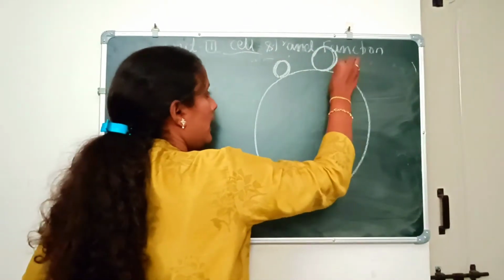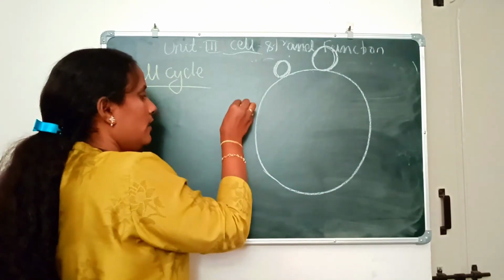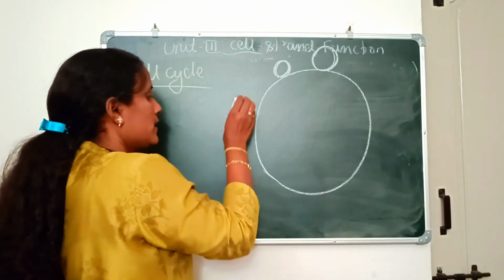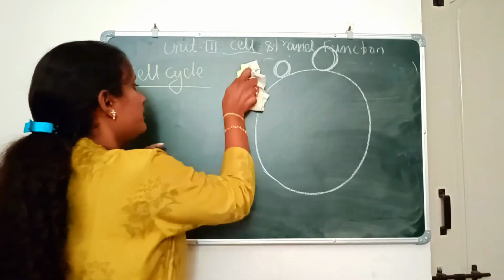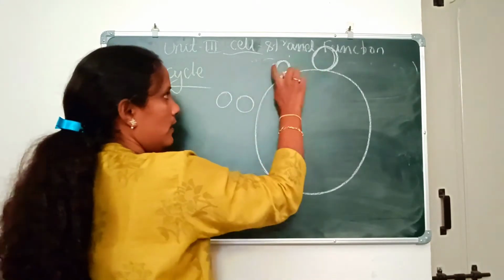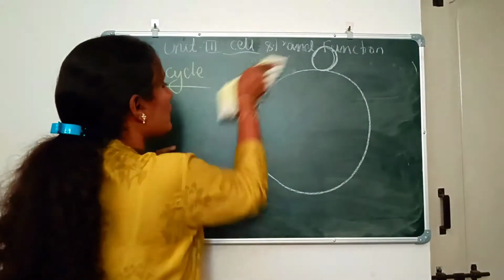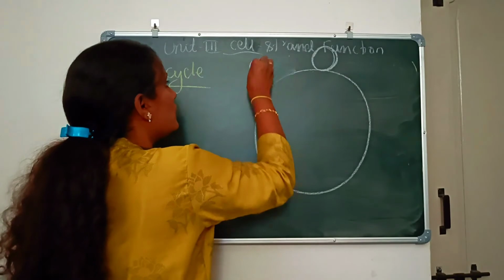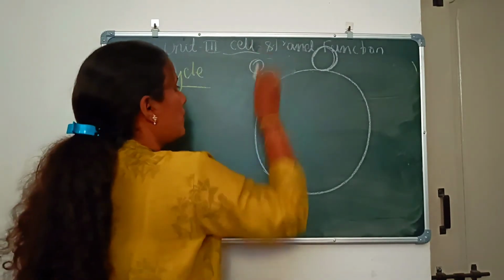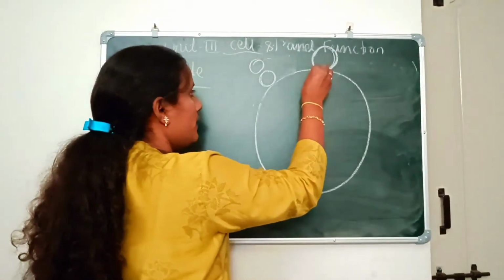It will grow and complete its life cycle, and finally it will divide into two. This is one cell I am representing. Let me write one single here. So it will divide into two daughter cells. So here is the time spent.